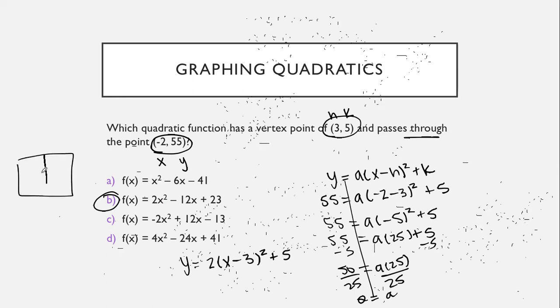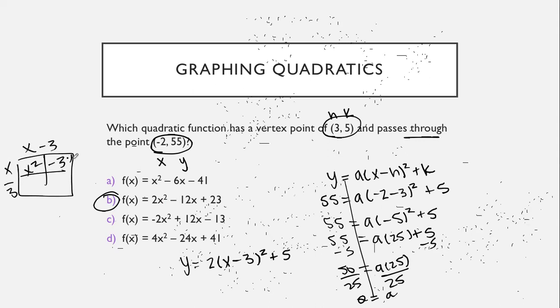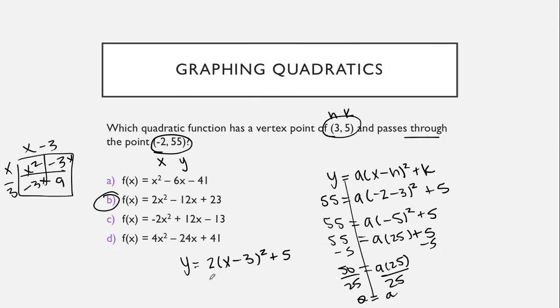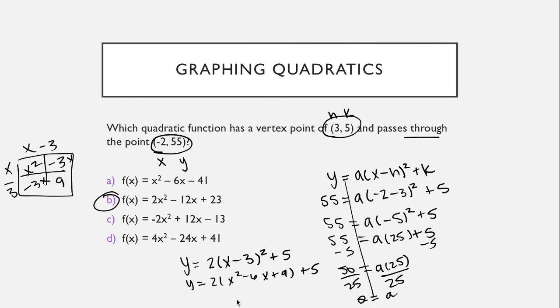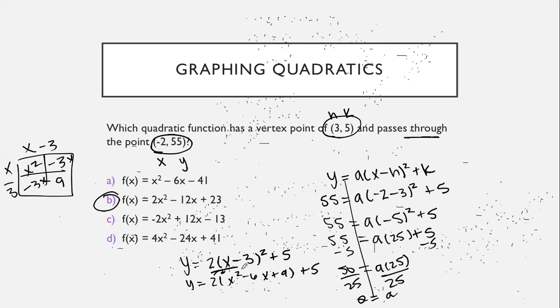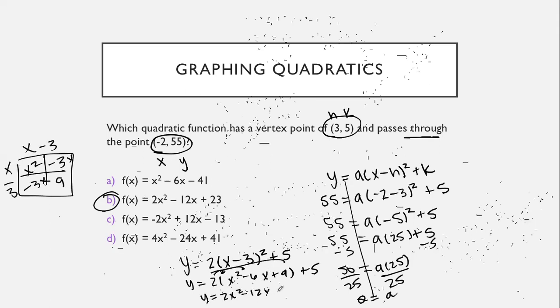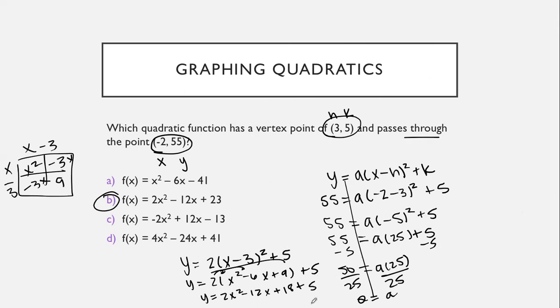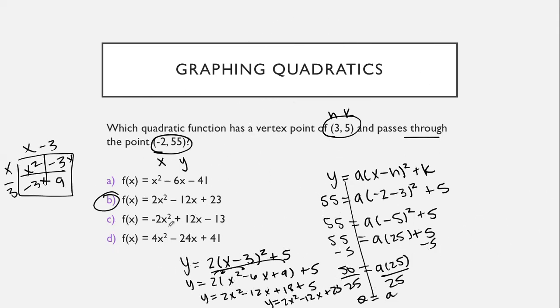First I need to do x minus 3 squared. So that would give me y equals 2 times x squared minus 6x plus 9, plus 5. And then what? Then I can distribute. So that would give me y equals 2x squared minus 12x plus 18 plus 5. And then what? Combine like terms. So y equals 2x squared minus 12x plus 23. So there's your answer.